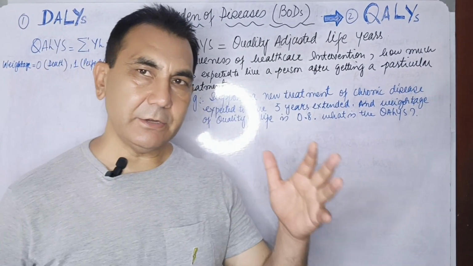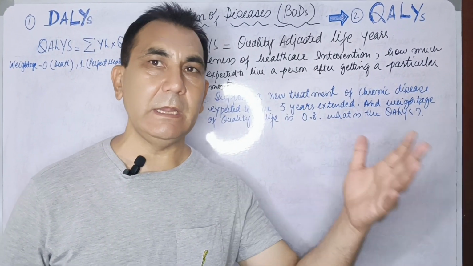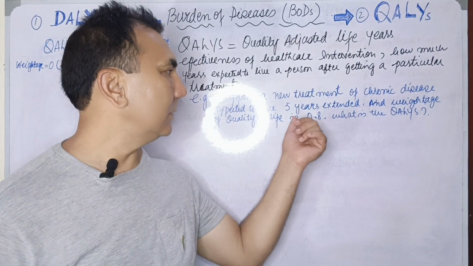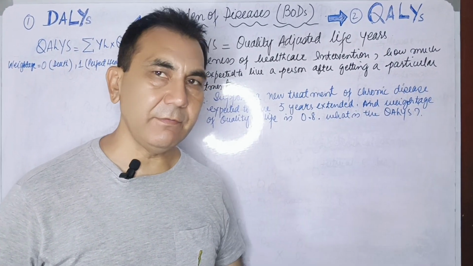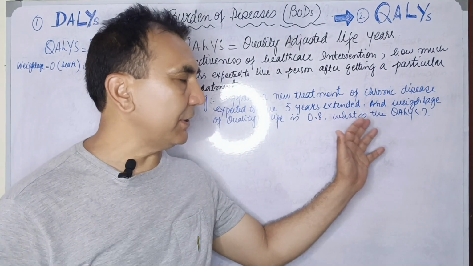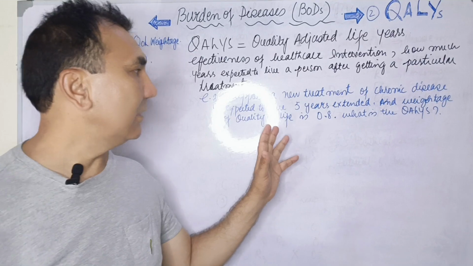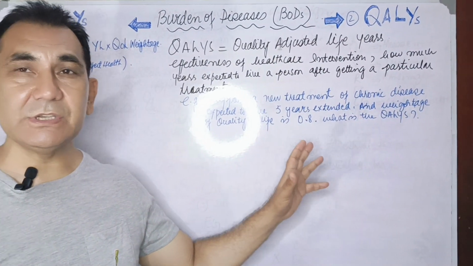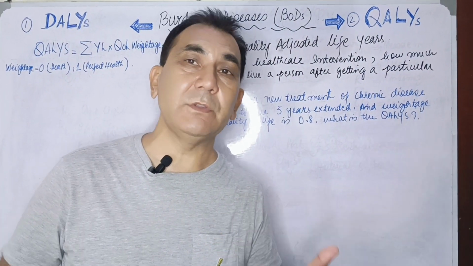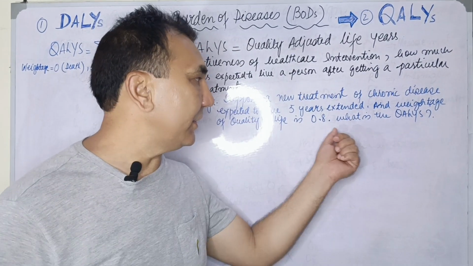After getting that treatment, an individual is expected to live 5 years, and the weightage for the quality of life with this chronic disease is 0.8.